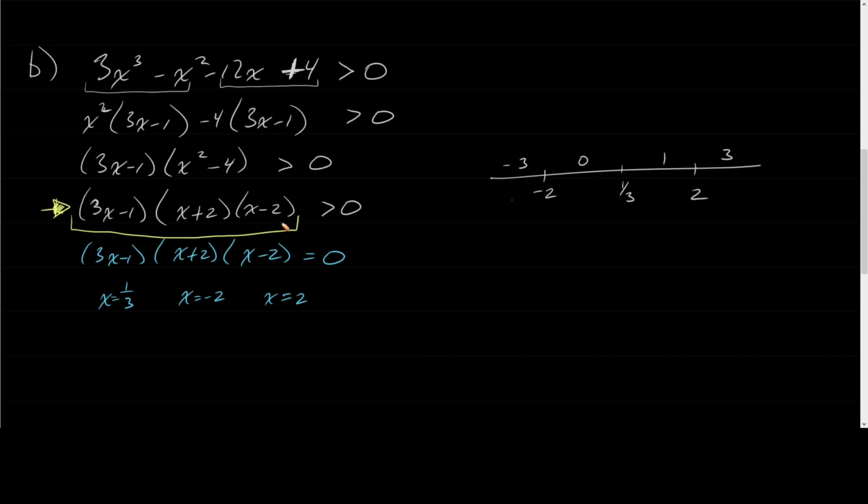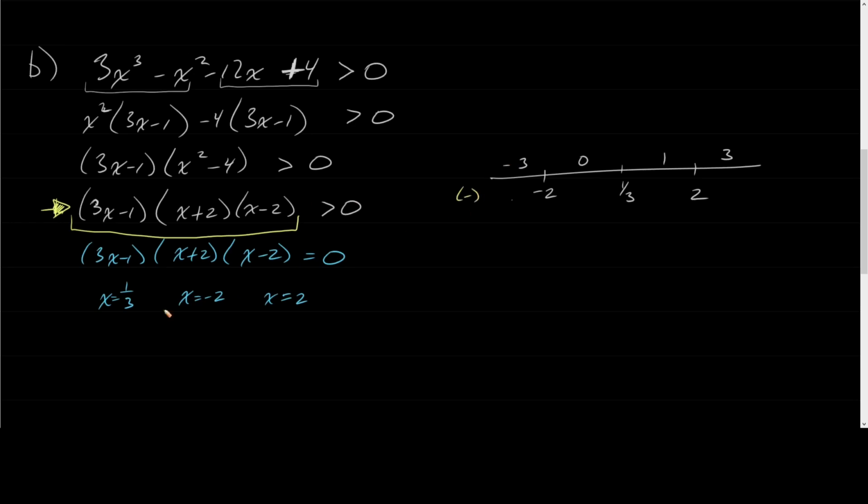Now, let's figure out what this does. So, plug in -3, and since we're comparing it to 0, all I care about is whether it's positive or negative. If it's positive, then it's greater than 0. If it's negative, then it's not greater than 0. So, plug in -3. 3 times -3 is -9 minus 1.